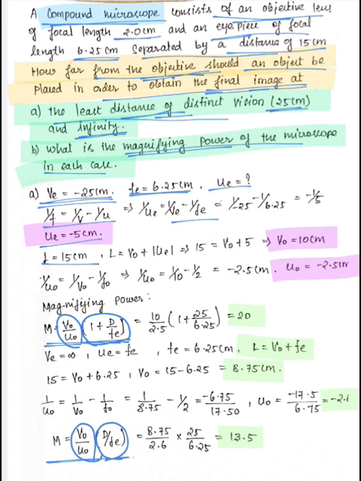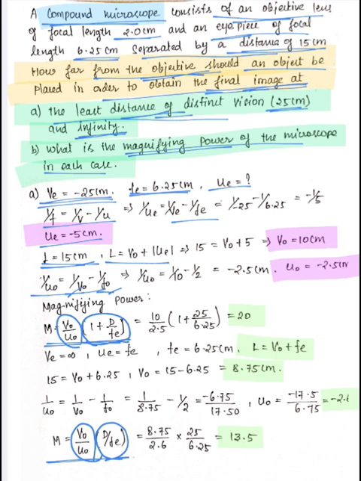Now we need to find the object distance of the objective to get the image at 25 cm. That is U0 we need to find. We find U0 by using the lens formula. For that we need V0 and F0. F0 is given in the question. We find V0 from the tube length, that is the distance between the two lenses, that is L equal to 15 cm given in the question.